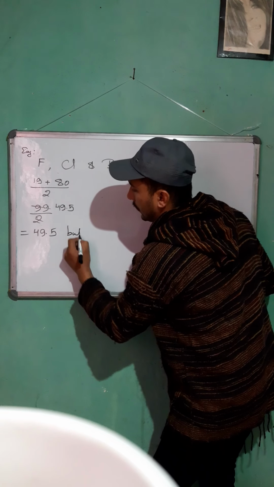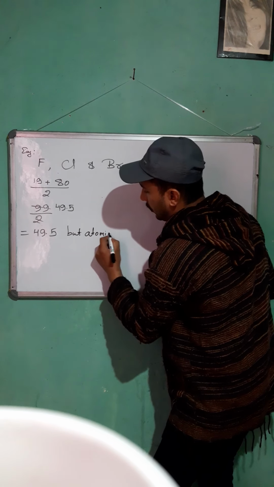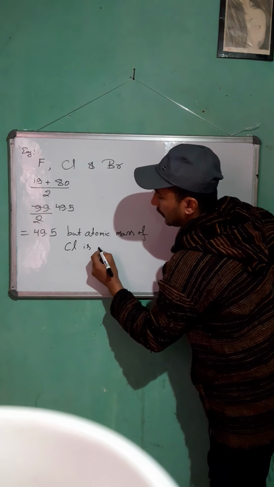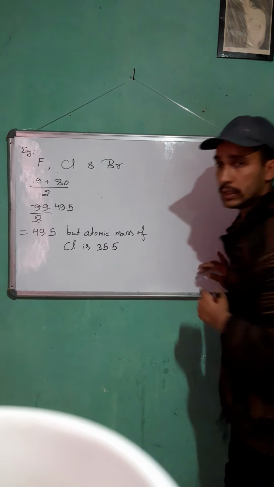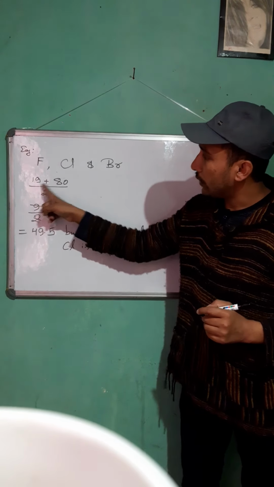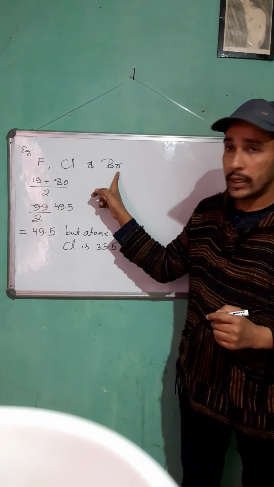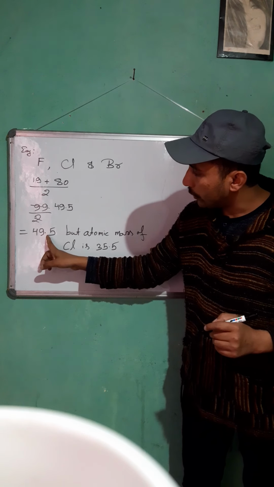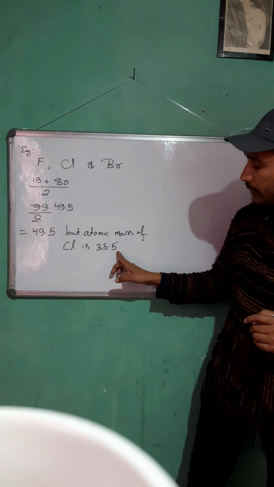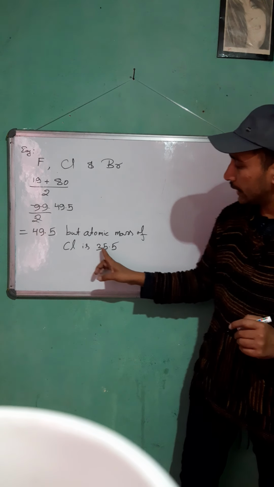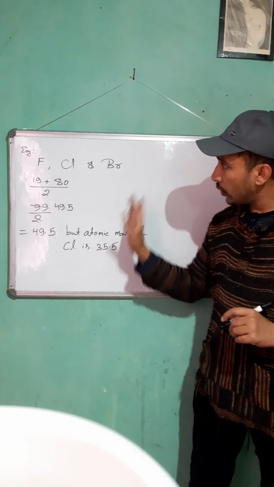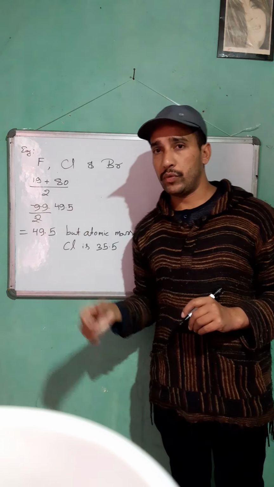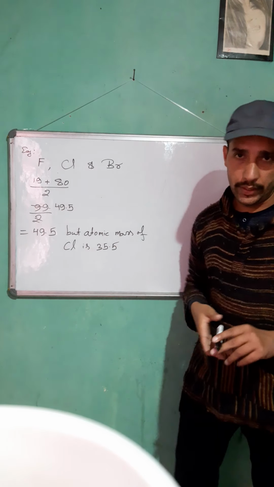But the atomic mass of chlorine, Cl, is 35.5 only. While taking the average of the masses of fluorine and bromine, you should get the atomic mass of chlorine. But on taking the average we got 49.5, while the actual atomic mass of chlorine is 35.5. So there is a vast difference between this average mass and the actual mass of chlorine. So Dobereiner could not keep these three elements within the same group or the same triad. So this was the failure.